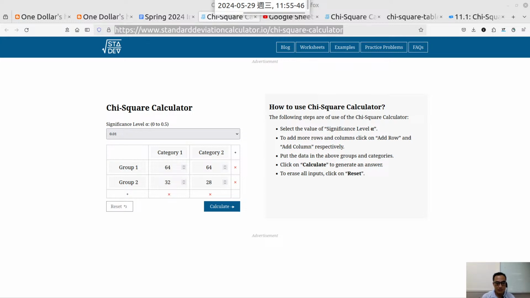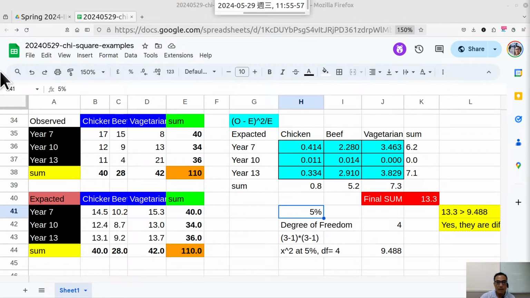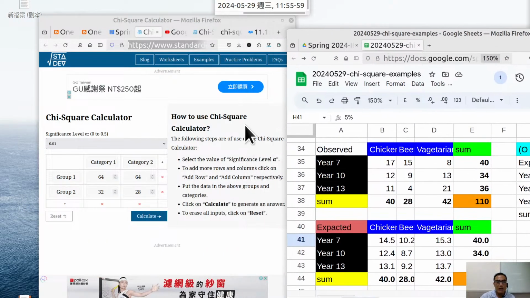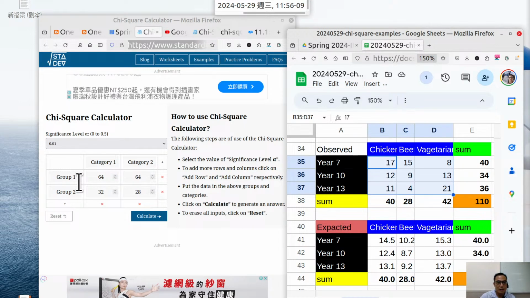Line group here. Okay, then I will use this number here. Check it. The category group 1, 2, 3, one more.